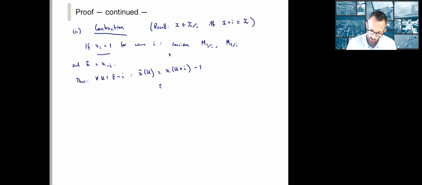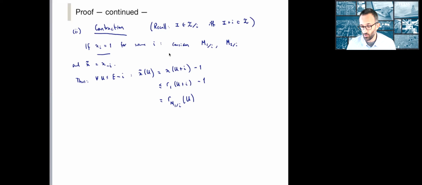And this in turn is upper bounded by R1 of U plus i minus 1, which is equal to the rank function of M1 contracted i of U. By definition, this is the definition of the rank function on the contracted matroid.